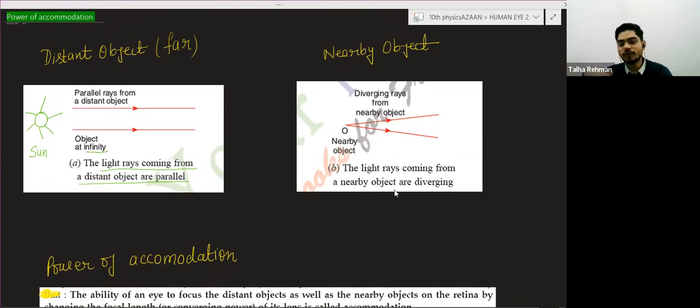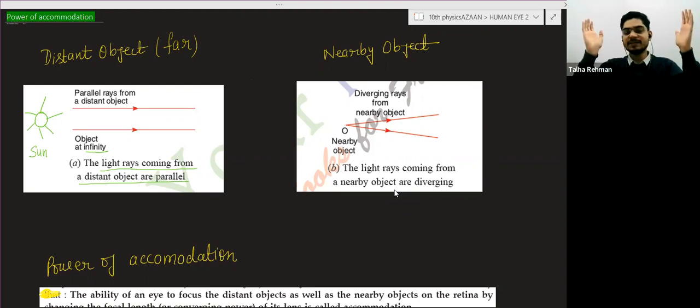Now what is the power of accommodation? Before that, two points should be clear: distant object and nearby object. From a distant object we get parallel light rays. From a nearby object we get diverging light rays.